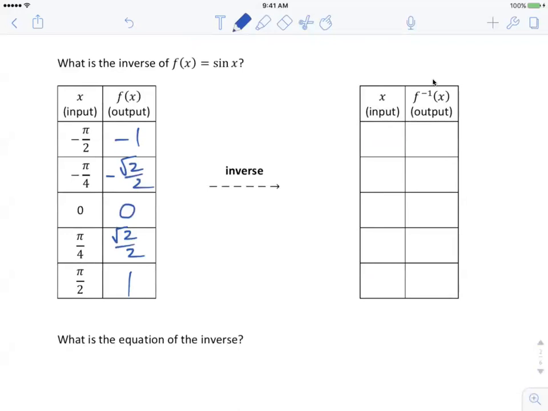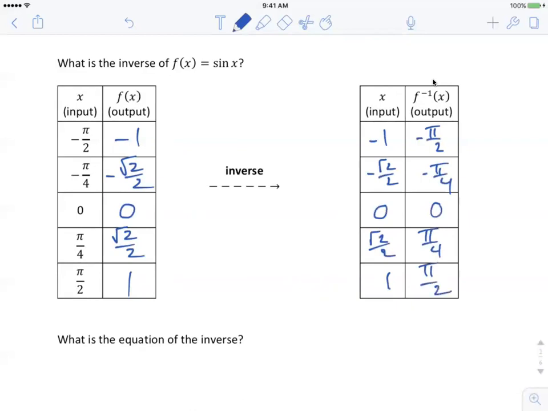So of course, look what happens if we get the inverse, we just swap the columns, right? So now your inputs are those points on the unit circle, and the outputs are angles. Okay, and I'm doing this in radians. You could do it in degrees as well.